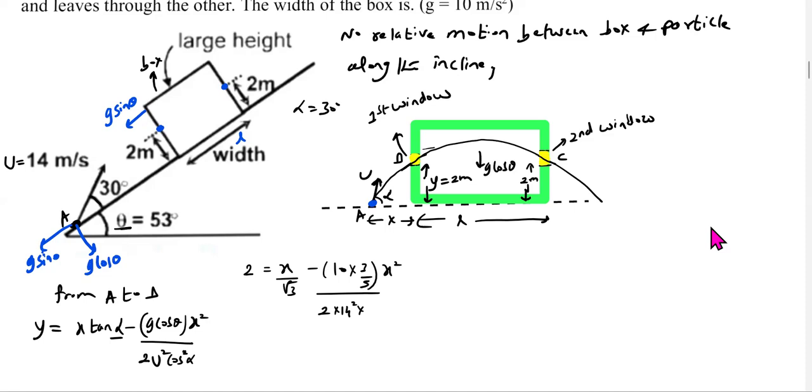Cos alpha for 30 degrees is root 3 by 2, whole square.